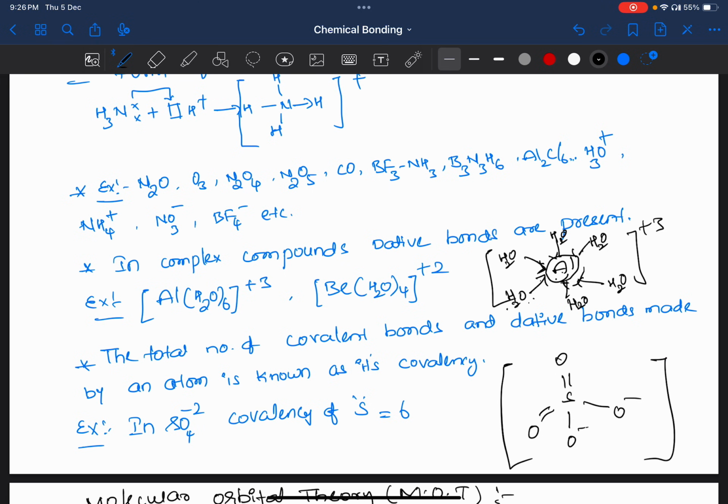So this is the structure of sulfate. Now see that around sulfur, how many bonds are observed? That is 2 plus 2 plus 1 plus 1, totally 6 bonds. So in sulfate ion, the covalency of sulfur is 6.